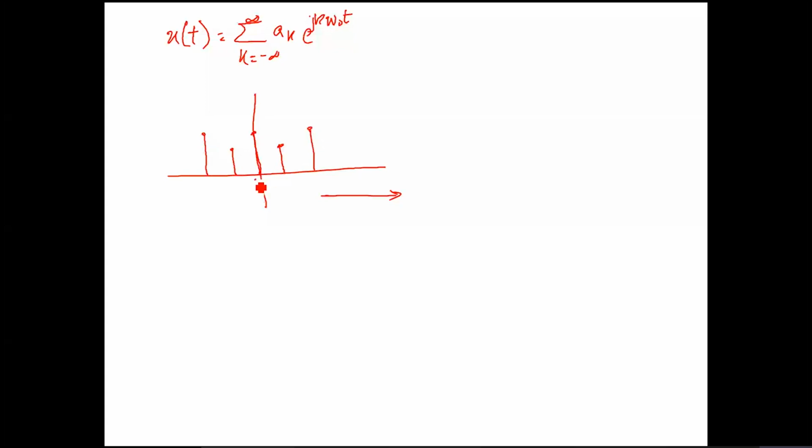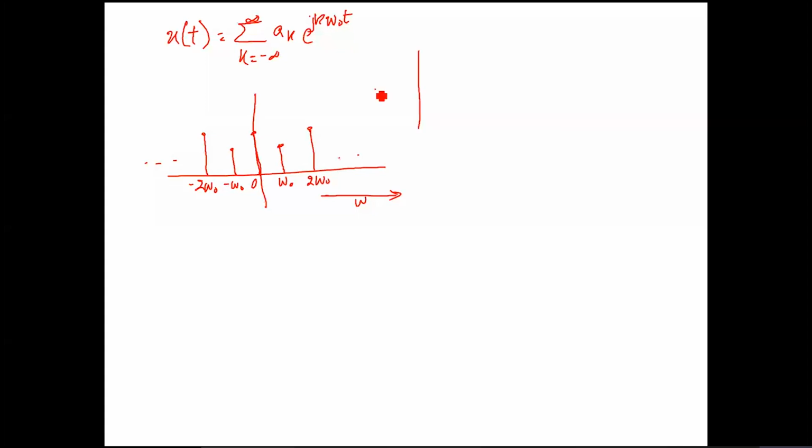So it will have a DC content, it will have your omega naught, it will have 2 omega naught, like that. It will have frequency contents which are multiples of the fundamental frequency. And that is true for any periodic signal.